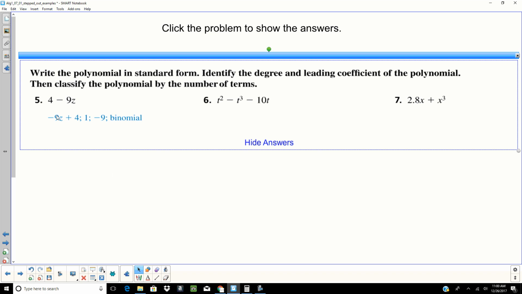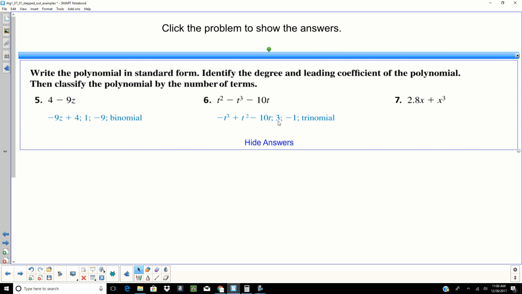So for 5, it would be negative 9z plus 4. The degree is 1, and the leading coefficient is negative 9, and it's a binomial. See, that's why I kind of like having that table. Negative t cubed plus t squared minus 10t.